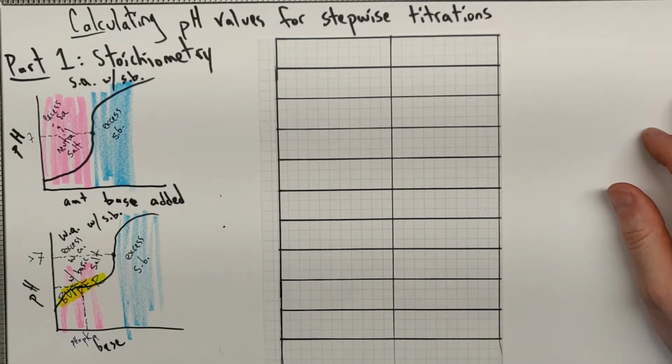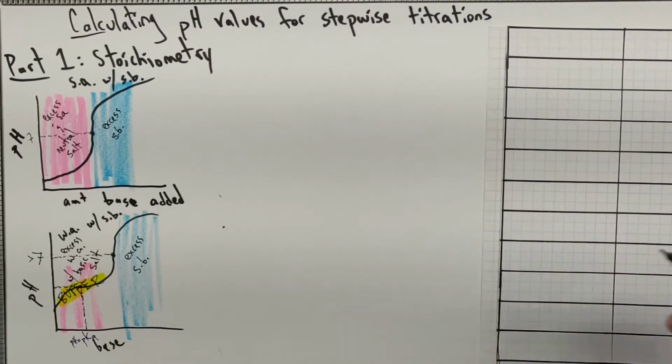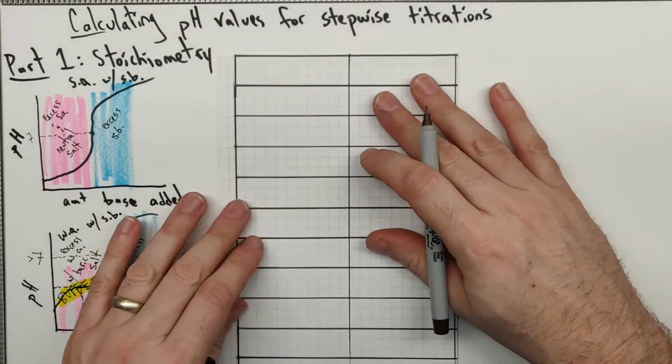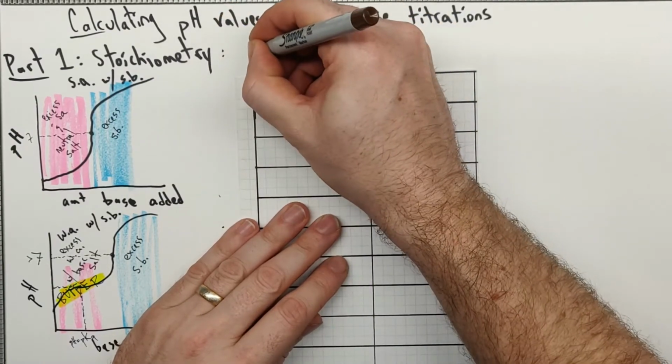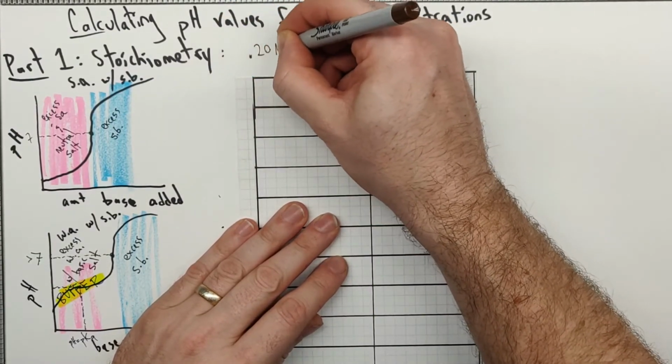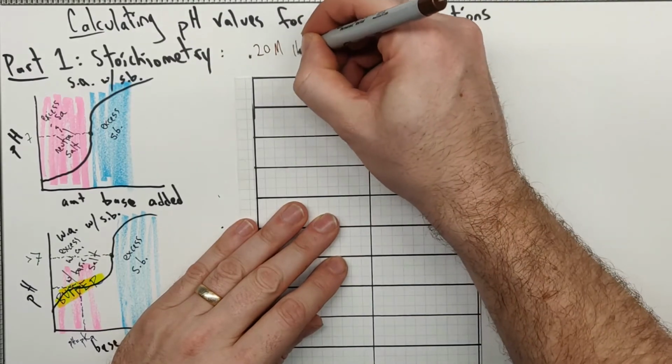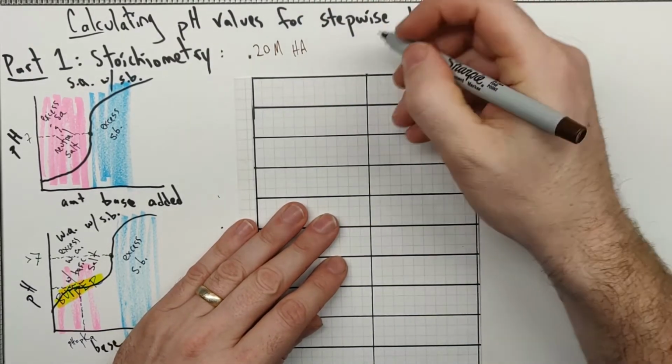The example we're going to look at is one where we've got 0.20 molar acid, whatever it is, some generic acid, HA, doesn't even matter, strong or weak.